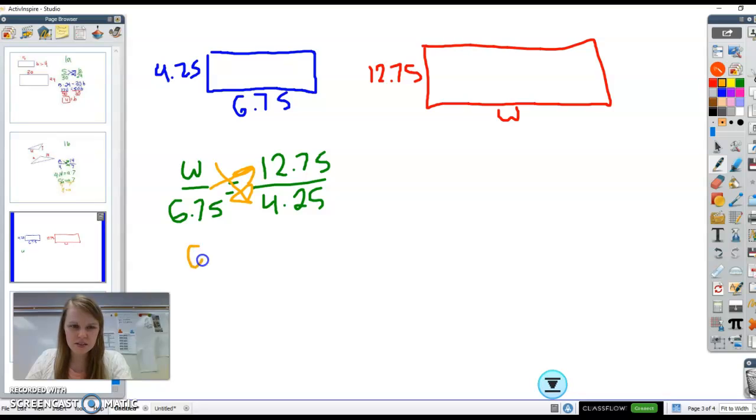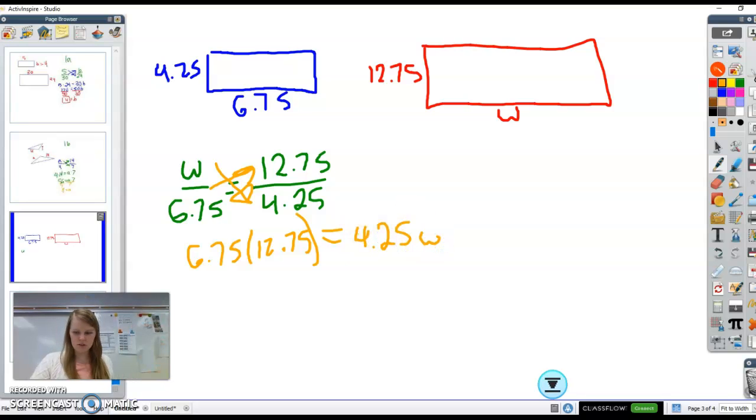So I'm going to write in 6.75 times 12.75 equals 4.25 times W. Okay, so if I can find my calculator here, I'm going to do 6.75 times 12.75.